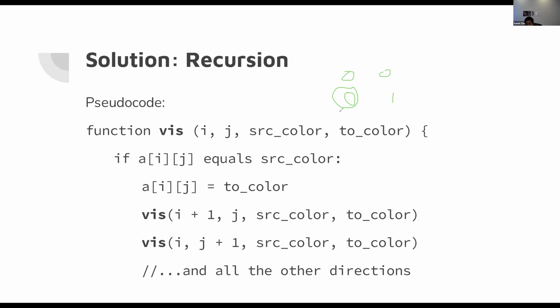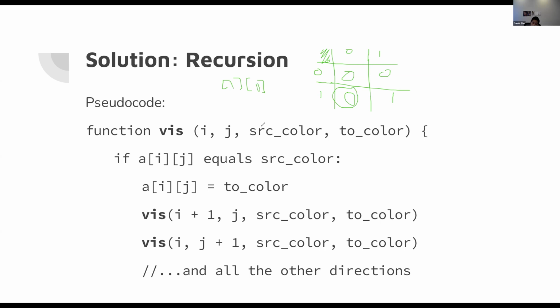Okay, I guess let's just try doing this. So here's the table. Here's the indexes. So this is 0, 1, 0, 1. And we start at the location 1, 0.